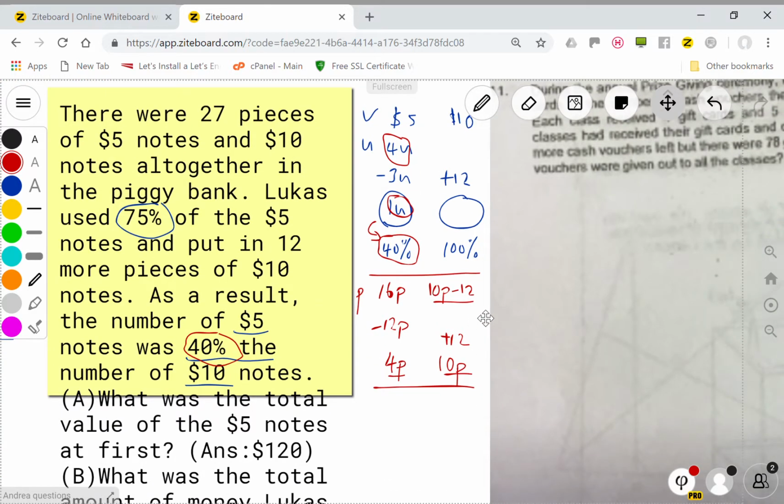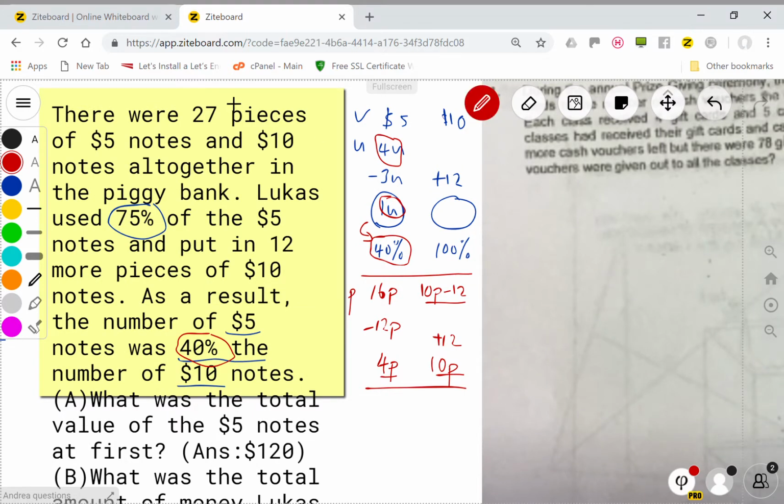So next piece of information is this. There were 27 pieces altogether. That means 16 parts plus 10 parts minus 12 is equal to 27. Let's write that out. 16 parts plus 10 parts minus 12 equals 27.